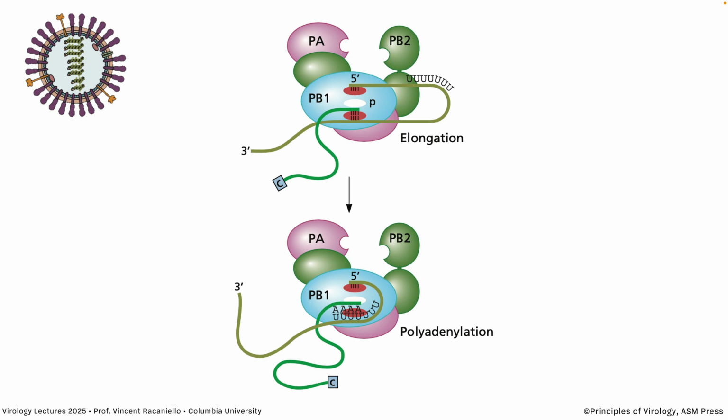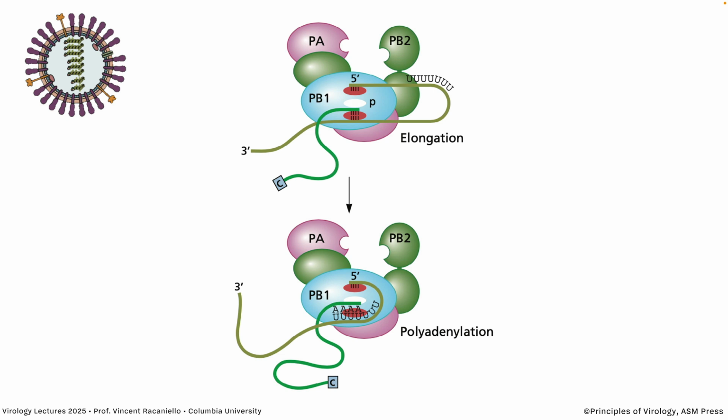So here's a diagram of the polymerase here. And here in the olive color is the viral RNA, the negative strand RNA. Its 5' end is attached to one of the polymerase subunits shown there. And this other red area is the catalytic site.